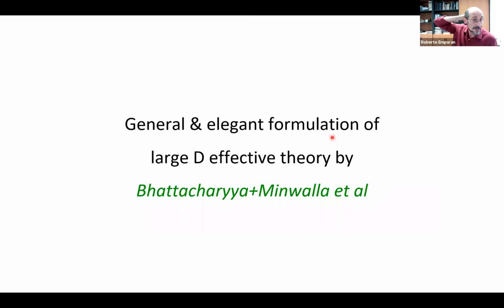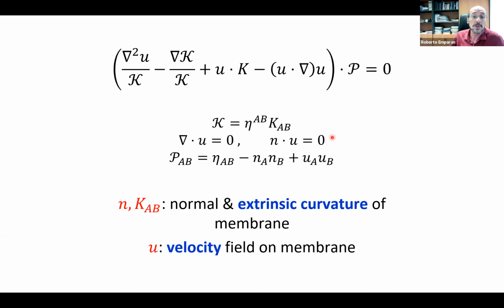And I think it's fair to say that the most general and most elegant formulation of this large d effective theory has been worked out by Bhattacharyya, Minwalla, and their collaborators in India. They worked out this effective membrane theory, and they came out with equations which take this form.